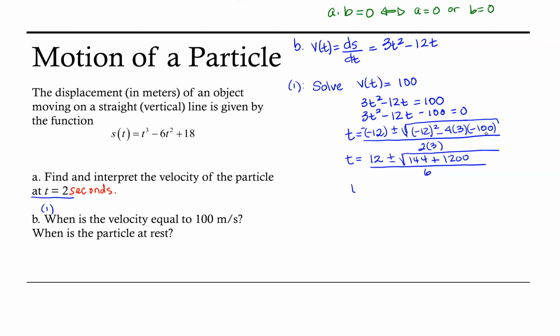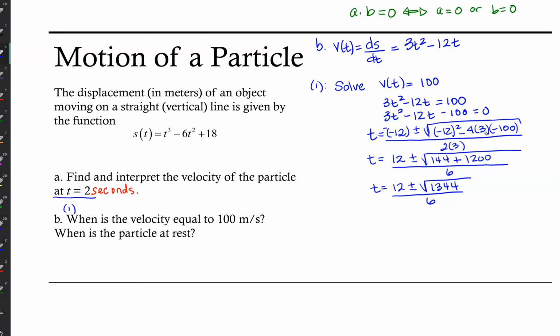Continuing, we have t equals 12 plus or minus the square root of 1200 plus 144 is 1344, all over 6.